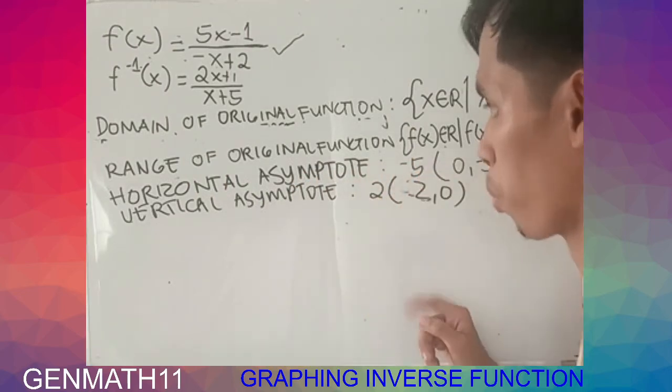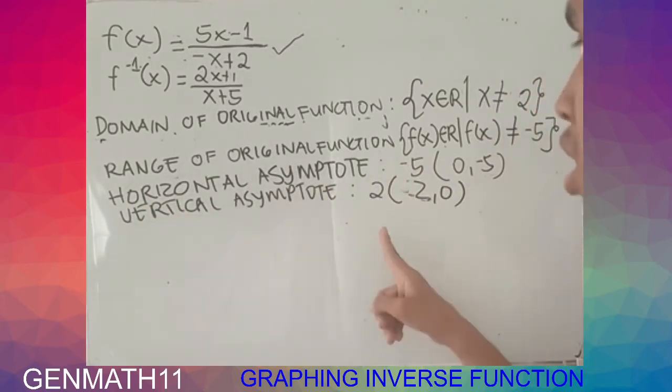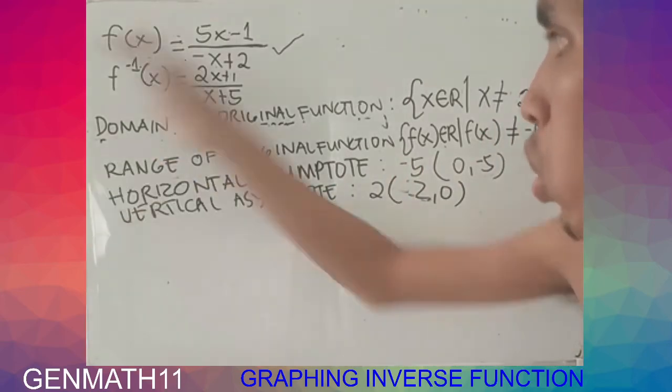So, our horizontal asymptote is negative 5, then the vertical asymptote will be 2. So, this is for the original function.